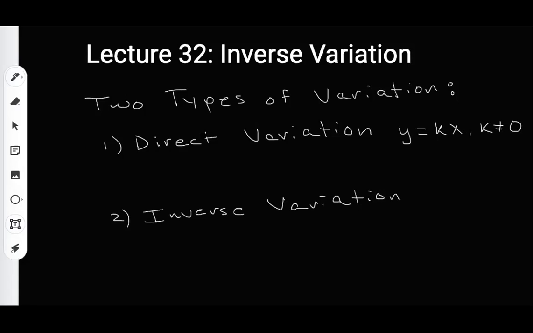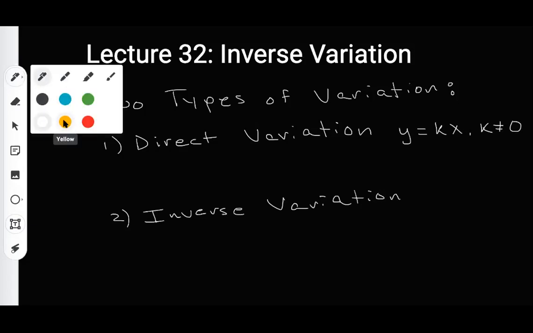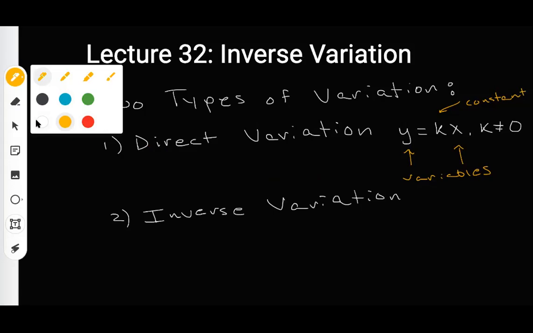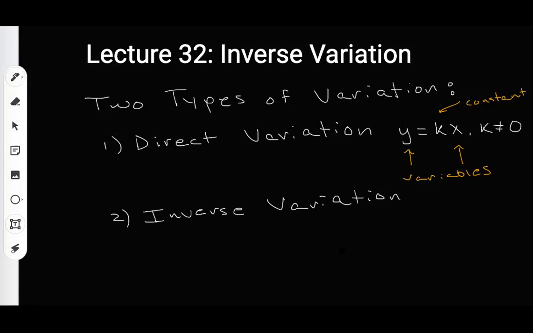It's important to understand that x and y are both variables, while k is a constant. So that means k is just going to be a number, like 3 or 4 or -5. That's direct variation, y equals k times x. The only restriction is k cannot equal 0.